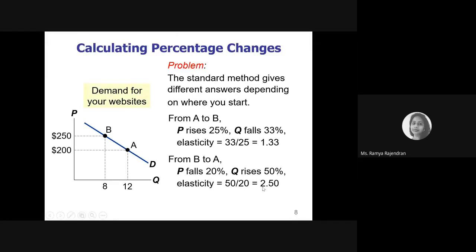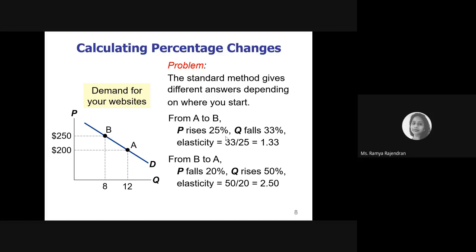So we are getting 2.5. When you compute the demand for your websites with the same points from A to B and from B to A, the elasticity is changing. Actually, this should not be the case. This is the actual issue we have right now.